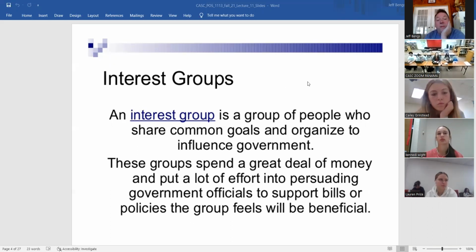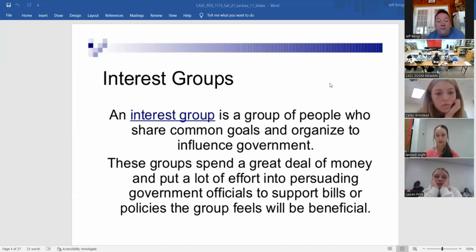An interest group is a group of people who share common goals and who organize so that they will influence government. But whereas political parties are trying to get people into government, or the personnel, interest groups are trying to influence policy. So remember the 2 P words to differentiate political parties and interest groups. Political parties are a linkage institution that try to influence the personnel of government.